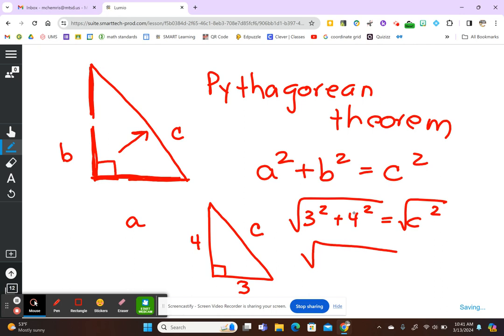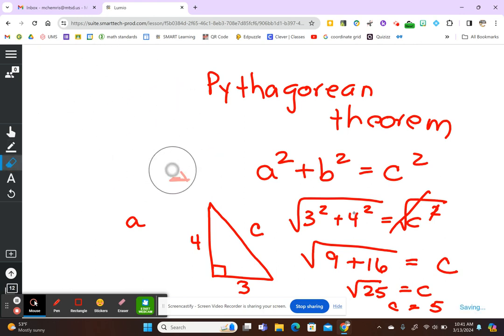And notice you can't square root 3 squared separately and 4 squared separately. You have to square root the sum of the two. So 3 squared is 9, 4 squared is 16, equals C, because the square root of C squared is C. So this becomes the square root of 25, which equals 5. And I'm not going to say plus or minus because it's a side length, therefore it has to be positive.